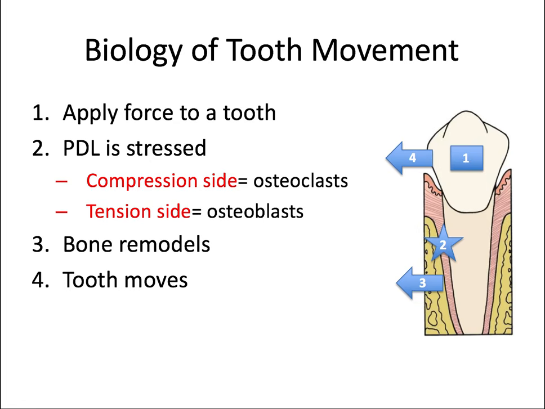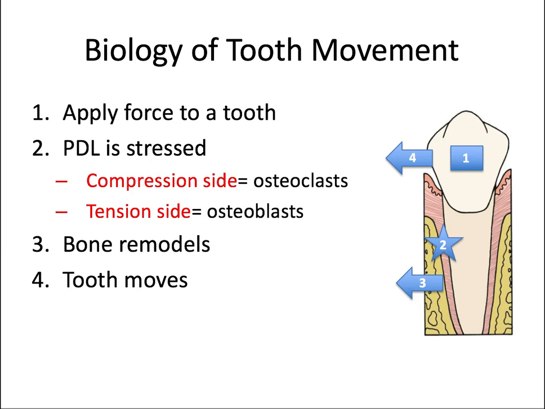On the compression side, the PDL is going to undergo a cascade of events that results in upregulated osteoclasts, which destroy bone. On the tension side, the PDL undergoes a separate cascade of events that result in upregulated osteoblasts, which create bone. So this results in resorption on the compression side and apposition on the tension side.